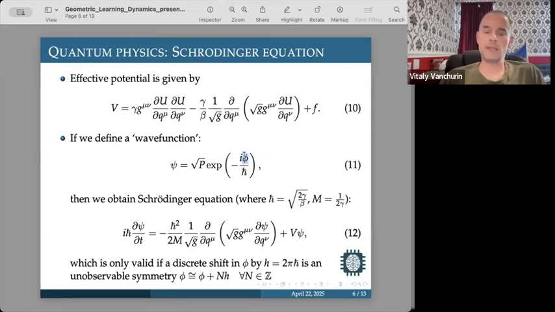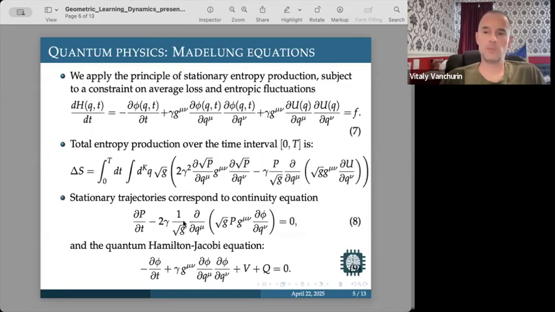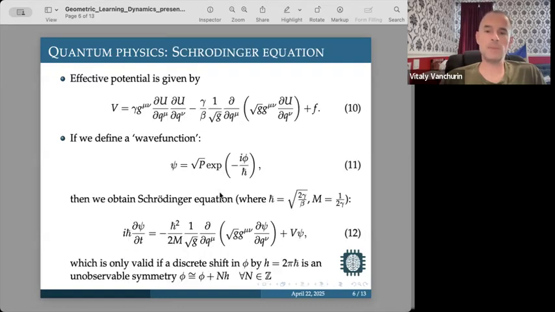Once we do that, a shift in phi by 2 pi h bar should be unobservable, because the wave function will not change. Phi will change, P will change, and so you can observe that at the level of equations 8 and 9, but the wave function will not change. And to make sure that it doesn't change, you should introduce a discrete symmetry into the system.